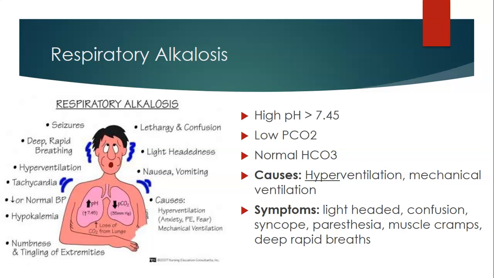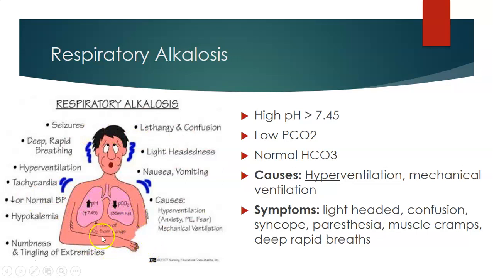Some symptoms are going to be lightheadedness, confusion, syncope, paresthesia, so that's like that numbness or tingling, muscle cramps, and they're usually going to be taking deep, rapid breaths. So that will be also an important sign or symptom. Again, here's another nice picture for you if we're looking at the lungs here.